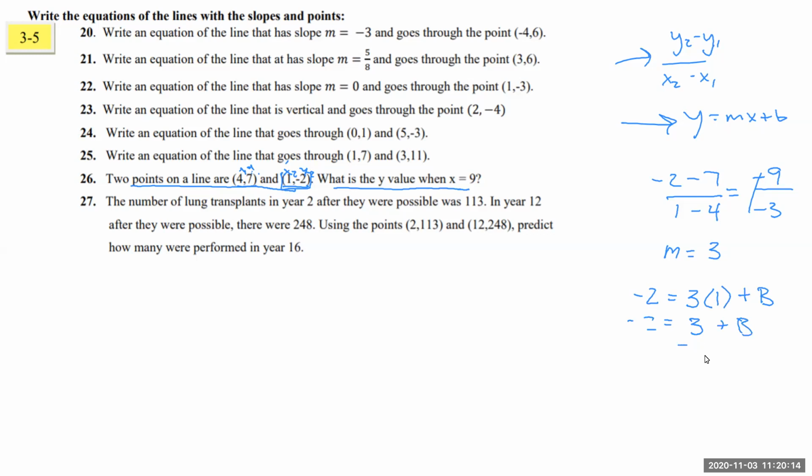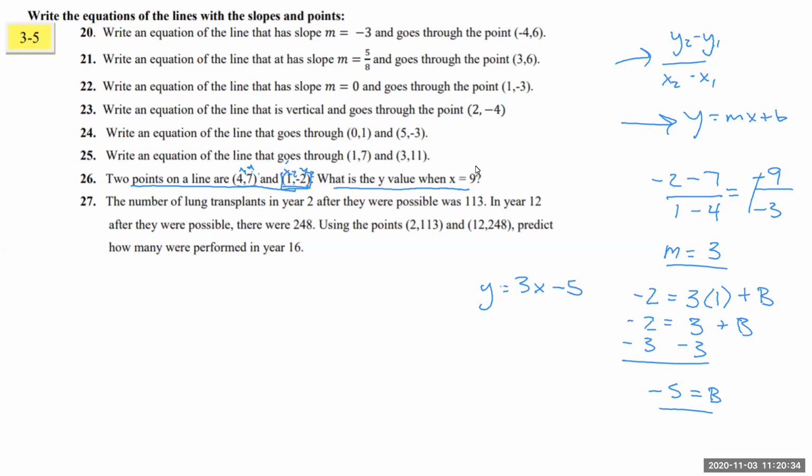Then we're going to subtract 3 on both sides, and that gives us -5 equals b. So we have our slope and we have our b. We can plug that back into an equation. So we have y equals 3x minus 5.